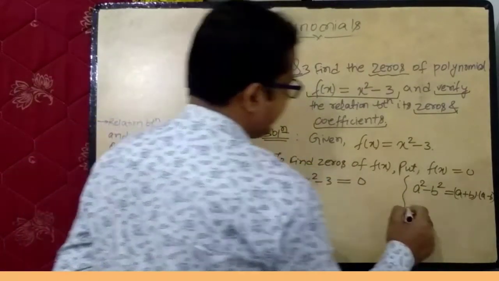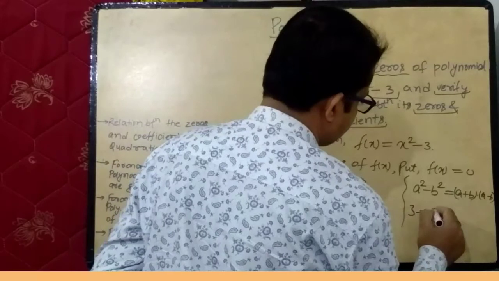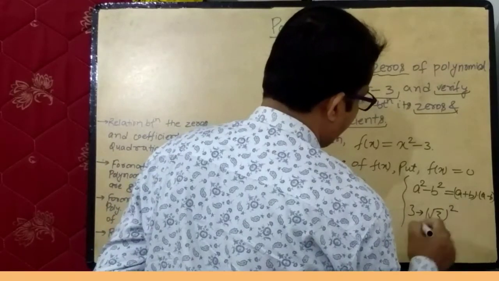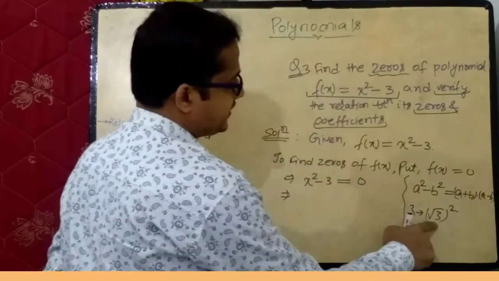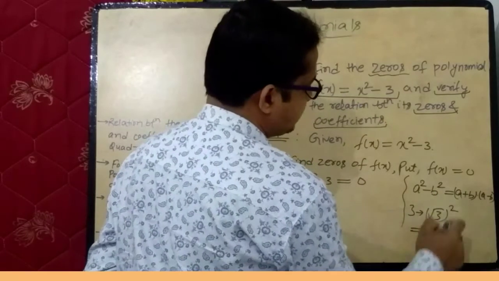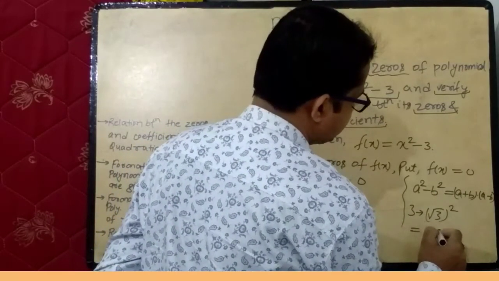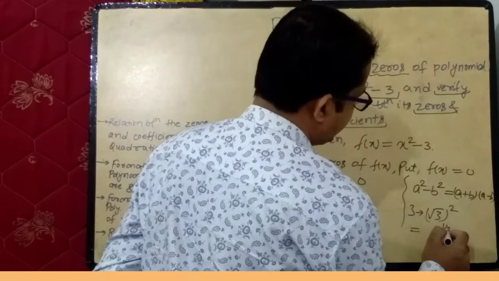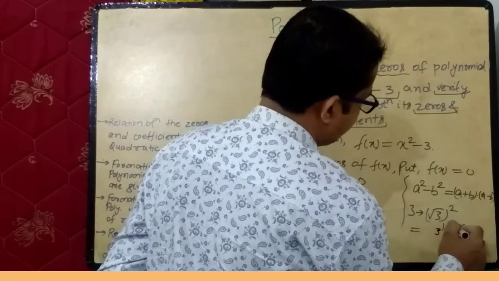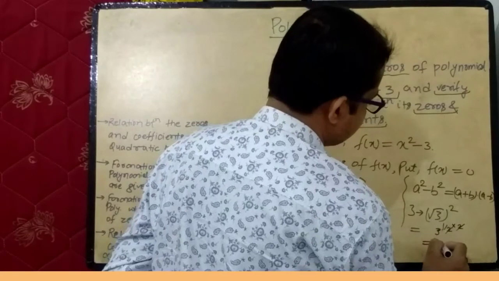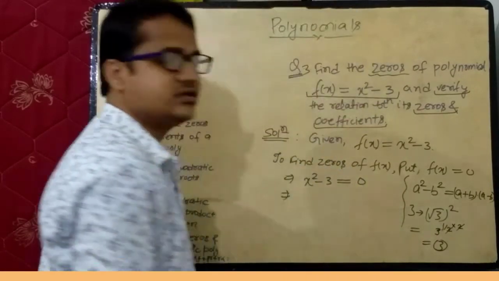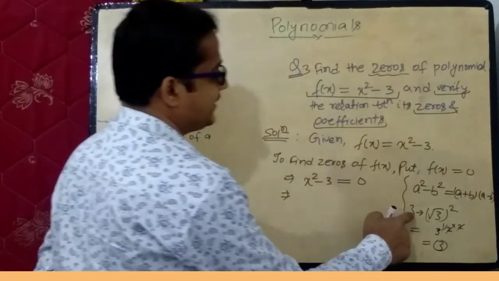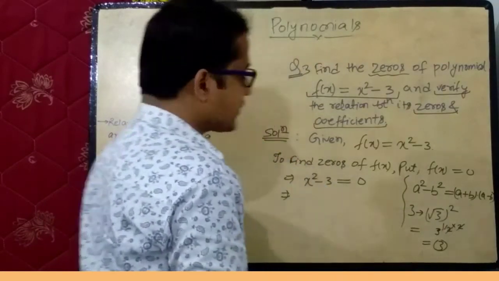That is, we can write 3 as root 3 whole square. Why? Because if we write 3 as root 3 whole square, that means 3 to the power 1 upon 2. Root stands for what? Power half, into 2. Then this 2 will get cancelled out and you will get 3.